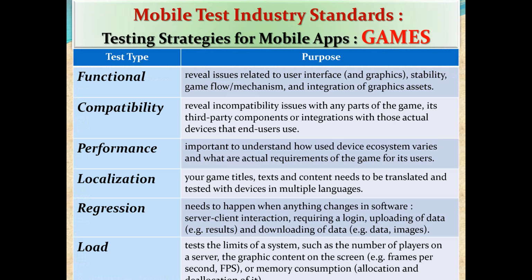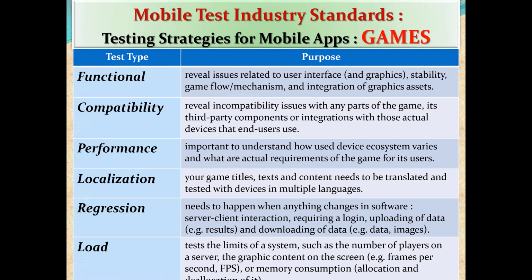And then we go to compatibility testing, which, as we know, is about platform and OS, and it's all about making the game compatible across different devices. A typical misconception with compatibility testing is that it will only be done with the final version of the game.